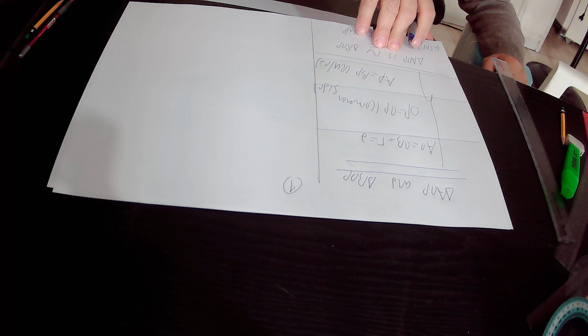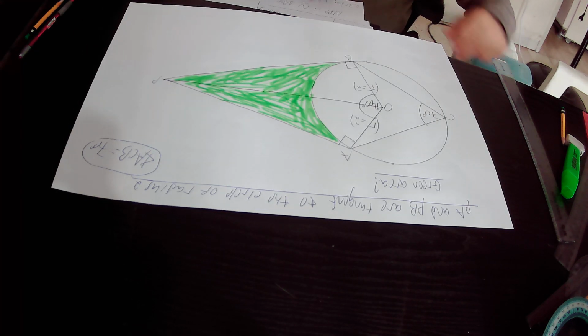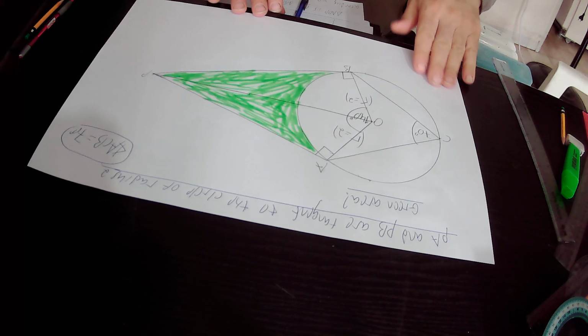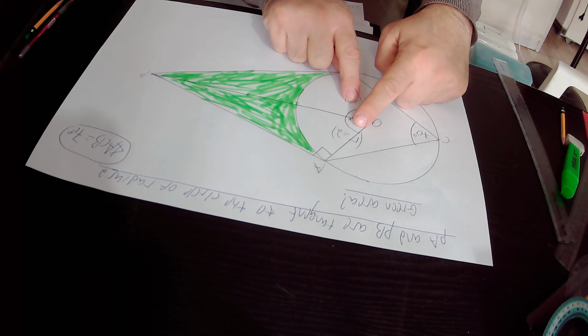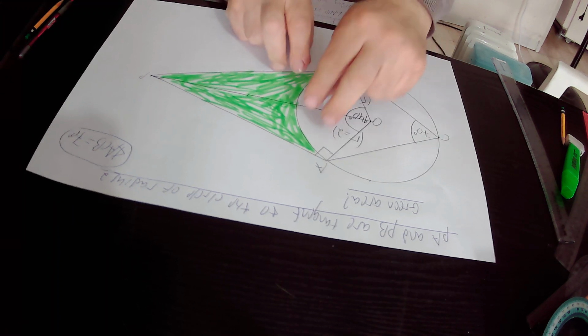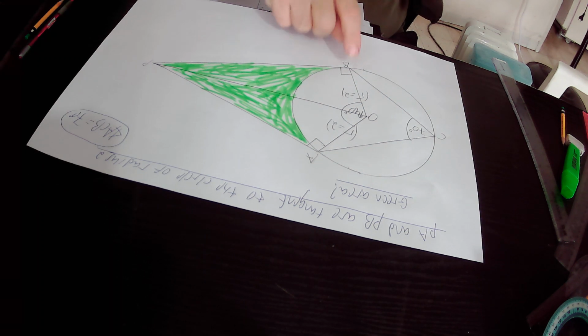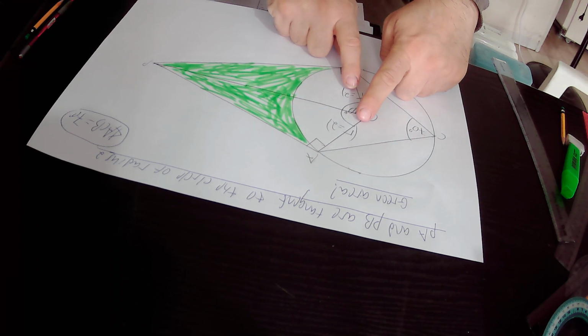And from the fact that those two right triangles can go into each other, we derive that those two angles must also be equal to each other, according to the rule that corresponding angles in congruent triangles are equal.